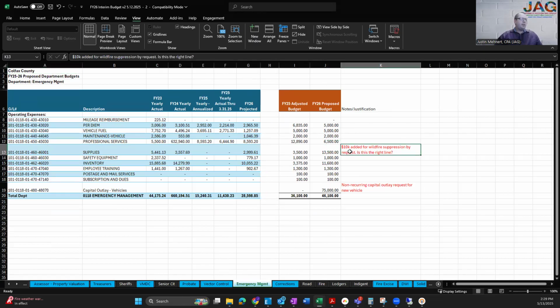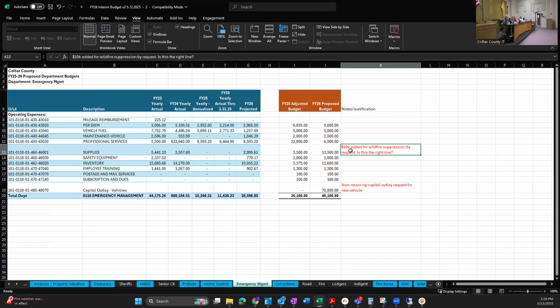Here's an open question. I was requested to add $10,000 for wildfire suppression, and I did not know which line item to add it to. So I put it to supplies, but I don't know if it was supposed to be temp positions or some other line item or a mix of both.